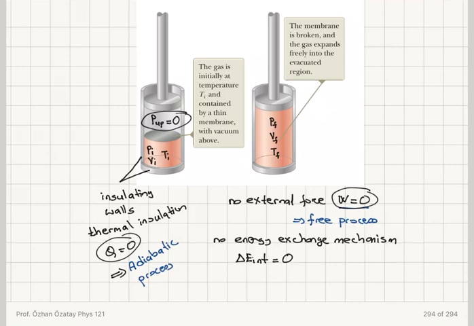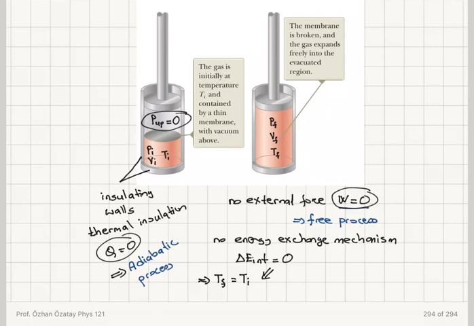And in this process, because the internal energy of the system is not changing, I'm not adding heat to the system, and I'm not doing work on the system. As we will find out, this will imply that the temperature of the gas doesn't change because the internal energy change is 0.